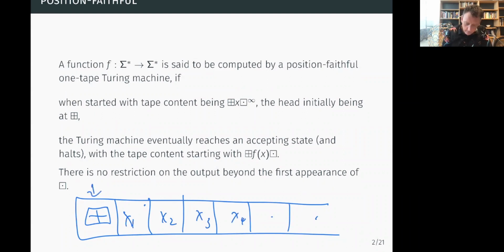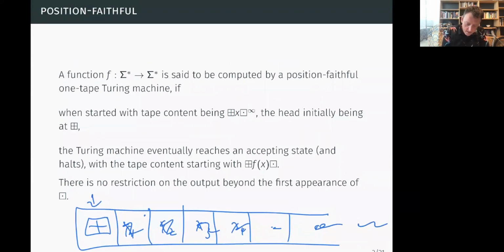With the read head here, the Turing machine operates as it does, maybe rewriting very far along. And we consider the function to be computed by one of these machines if there's a Turing machine algorithm which takes input that looks like this and always outputs the prefix to be the value of the function. And then after the first dot, you don't look.